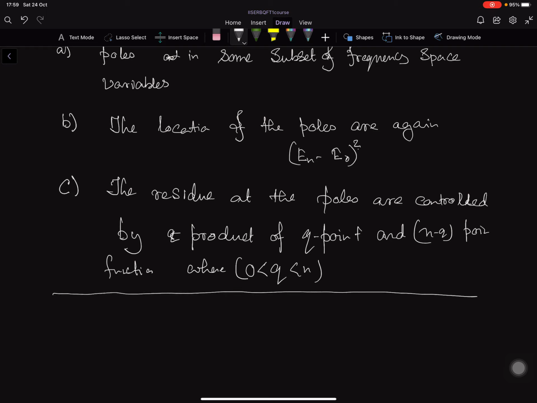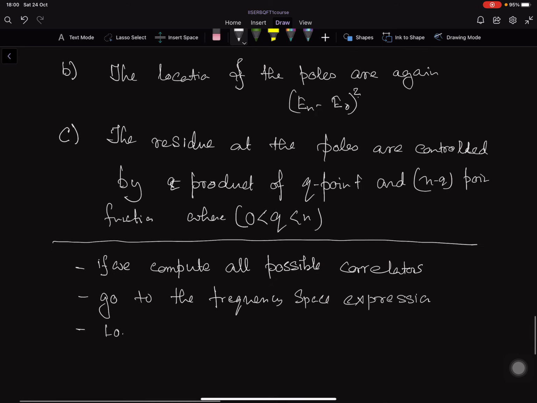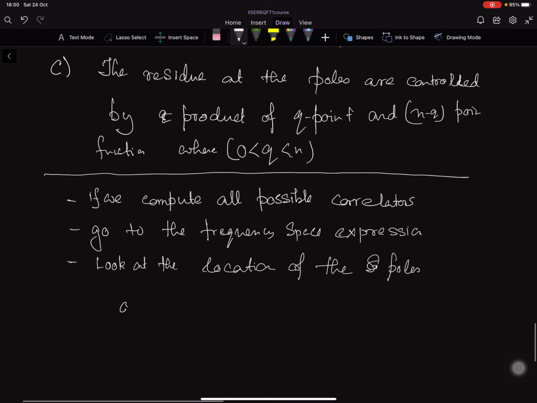If we compute all possible correlators, go to the frequency space expression, and look at the poles, then we know the spectrum of the theory.